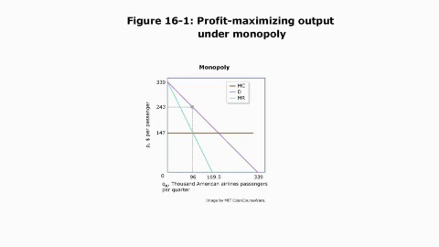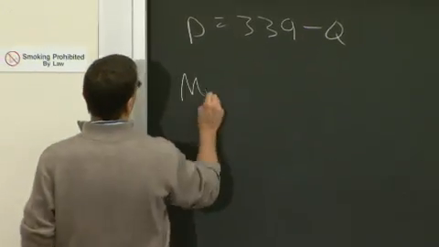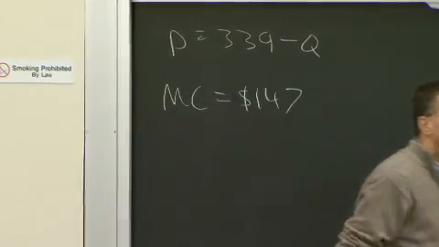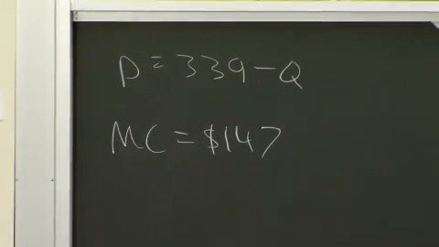Okay, so 339,000 people want to go from New York to Chicago every month. And let's also assume the marginal cost is $147. I don't know where Perloff came up with these numbers, but let's just go with them. The specific numbers don't matter.